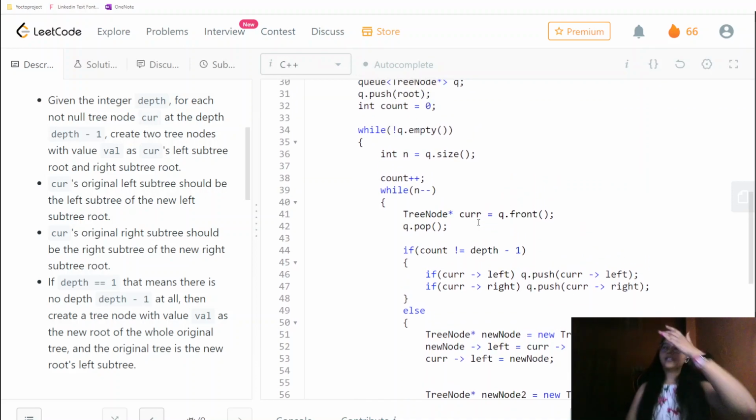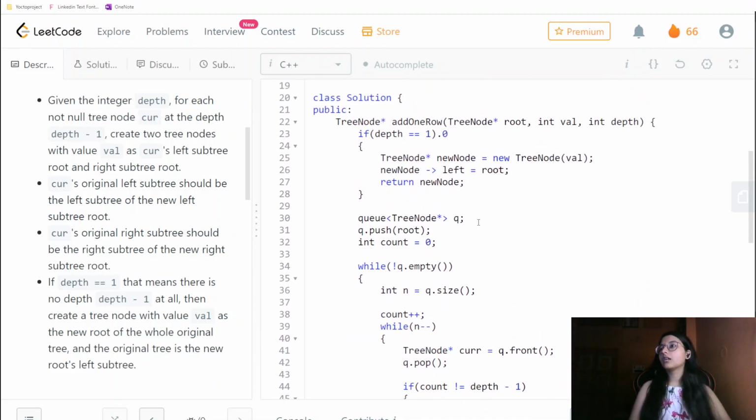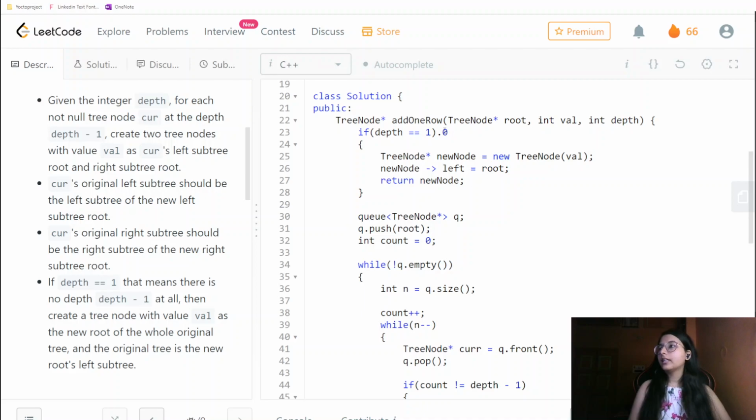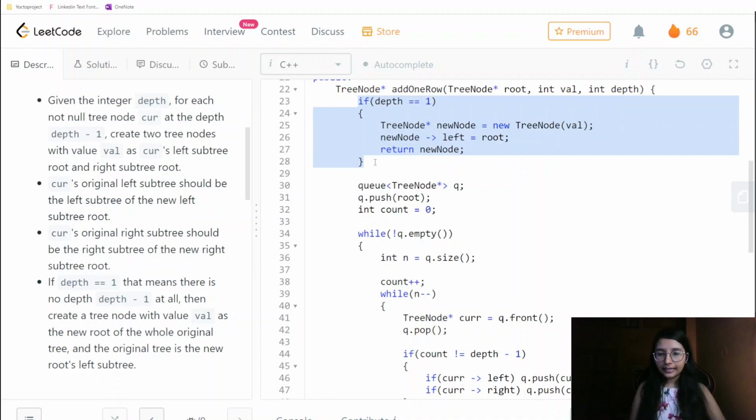So now let us start with our solution, that how we are required to do this solution. So first thing is, this is that criteria when we are having our tree set, but the depth is basically at 1. So at that moment, our depth -1 won't be there, right?